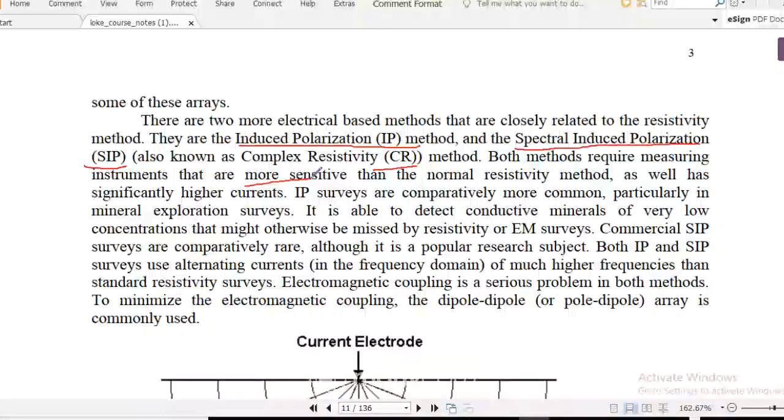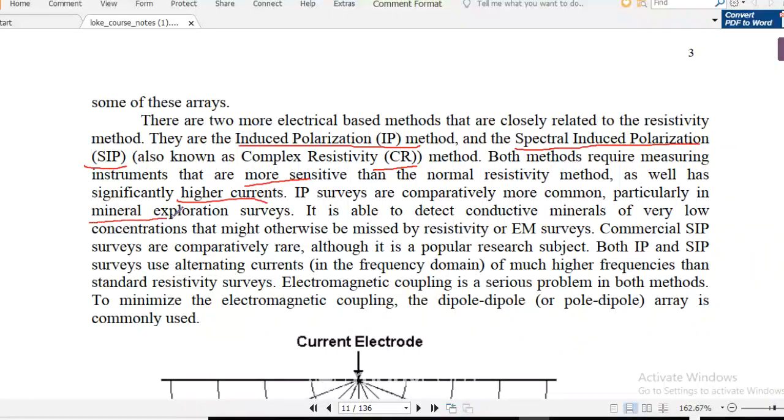Both SIP and IP require a more sensitive instrument than the normal resistivity method, as well as significantly higher current. The amount of current is higher for the IP method. IP surveys are comparatively more common, particularly in mineral exploration.